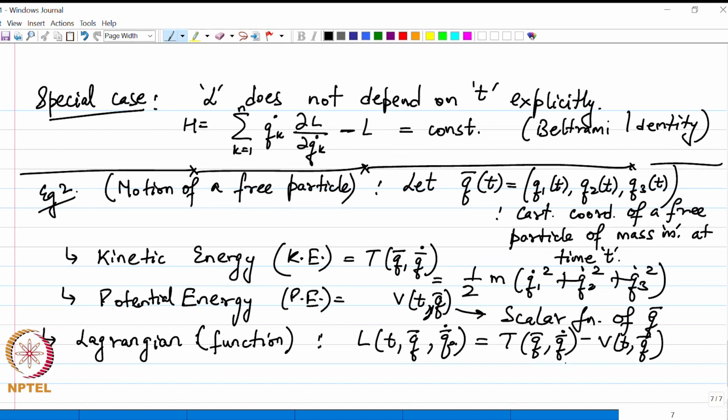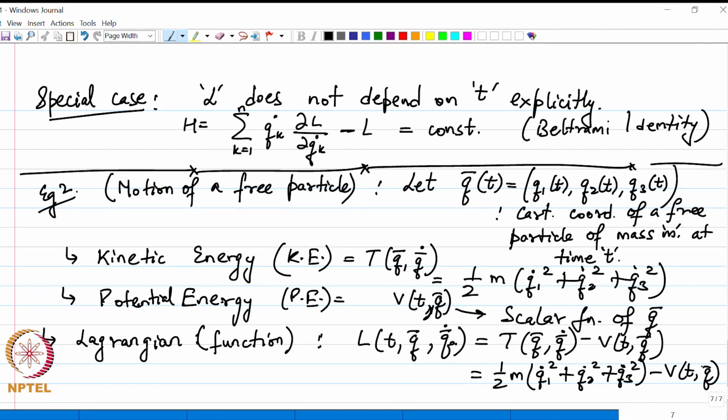When we substitute the values of T and V, we see that this is also equal to half m times q1 dot square plus q2 dot square plus q3 dot square, minus V of t comma q bar.